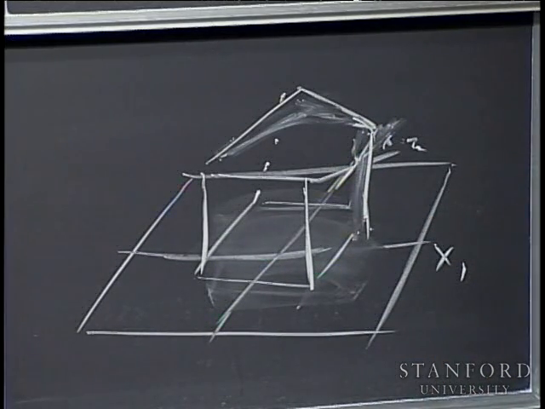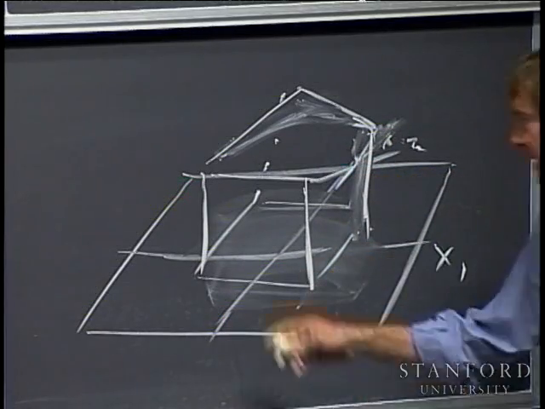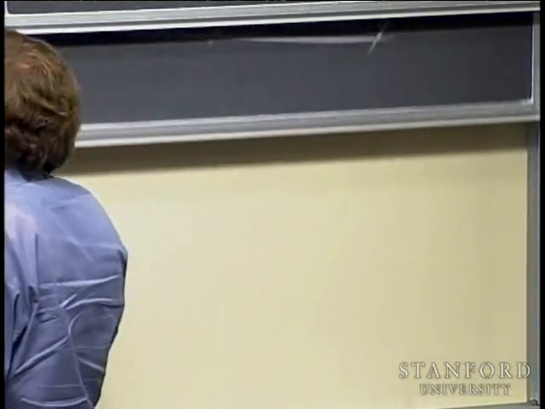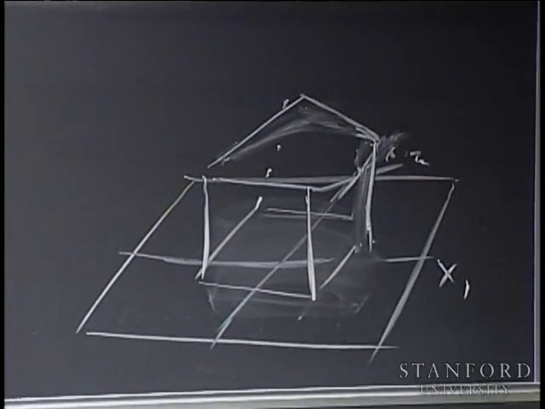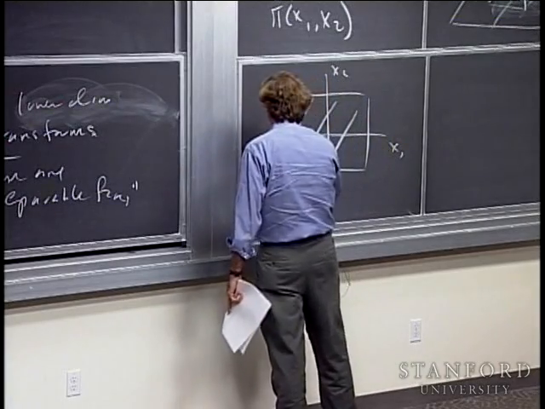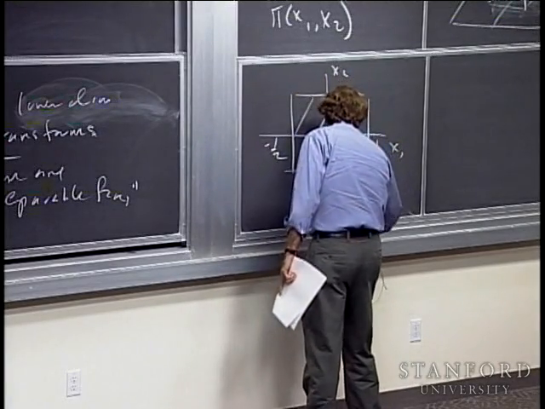It's supposed to be equal to 1 over this box in the plane, and it's equal to 0 outside the box. Let me try not to draw perspective here. So here's the x1, x2 plane, and here's the box that goes from -1/2 to +1/2 in the 2 different directions.